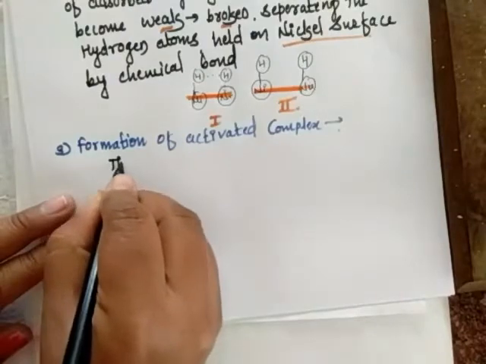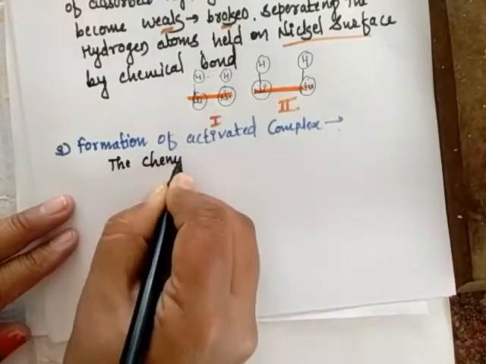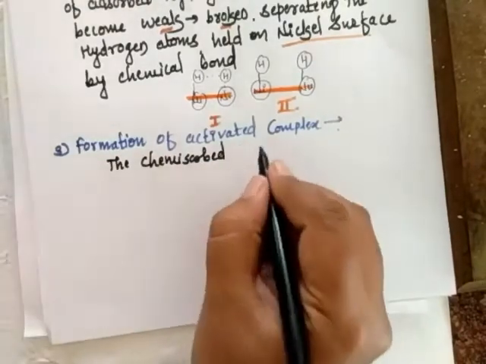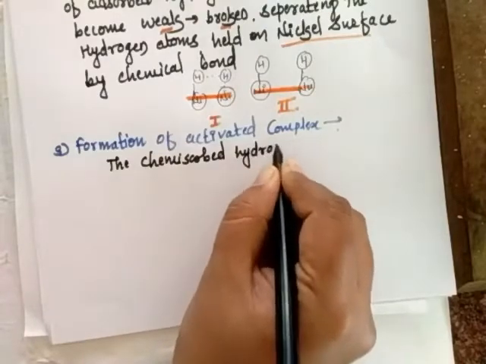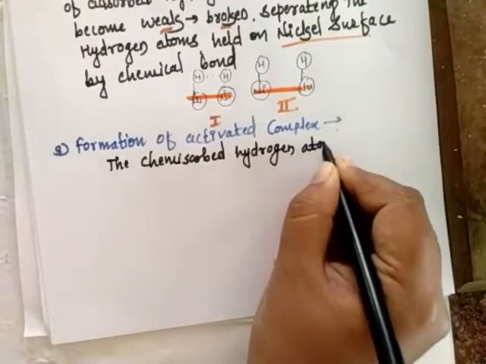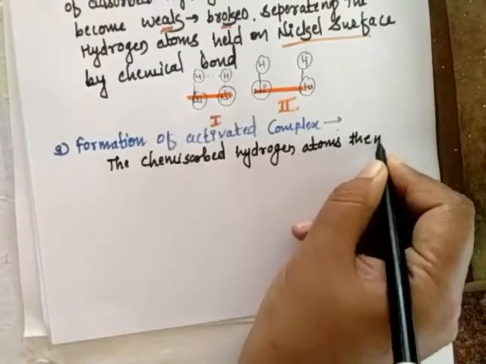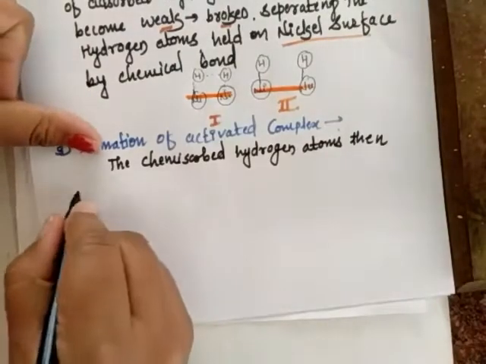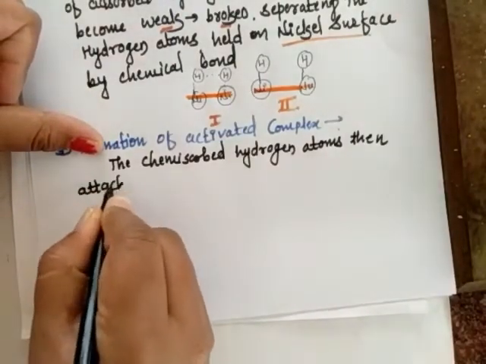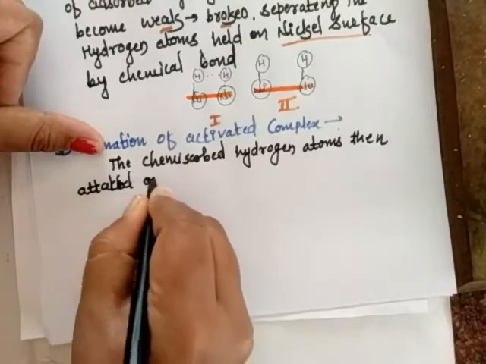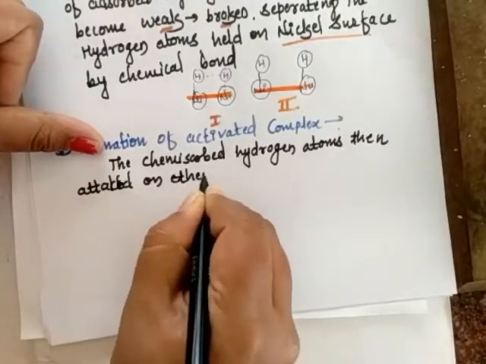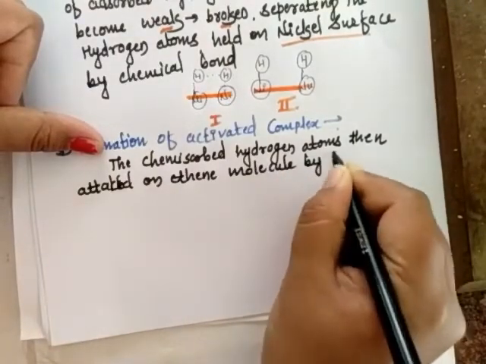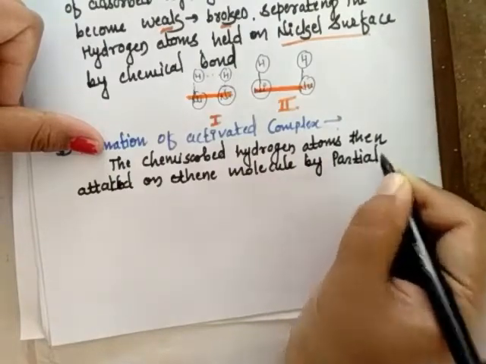So the chemisorbed hydrogen atoms then attack the ethene molecule by partial chemical bond.